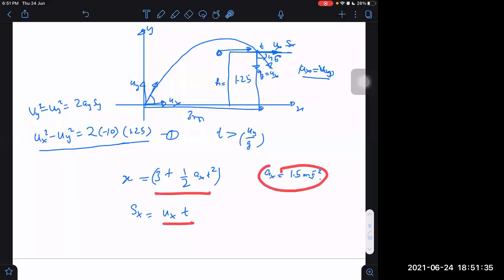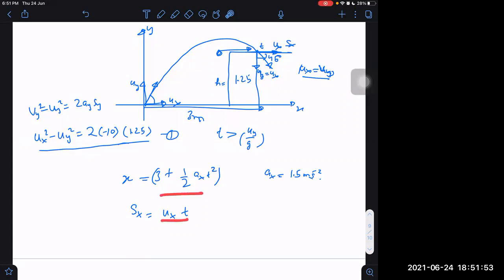Ax is also given to us. What is unknown in this equation? T is unknown here, and ux is also unknown. So overall unknowns we are having ux, uy, t. These three unknowns are there. Are we having sufficient equations to get those or not?